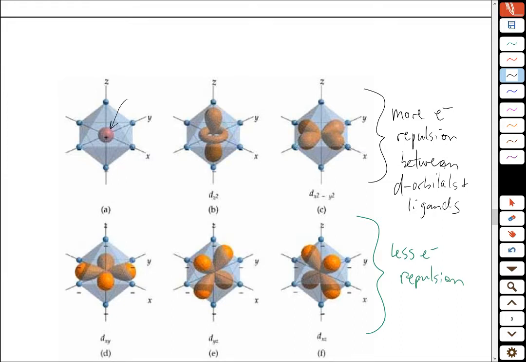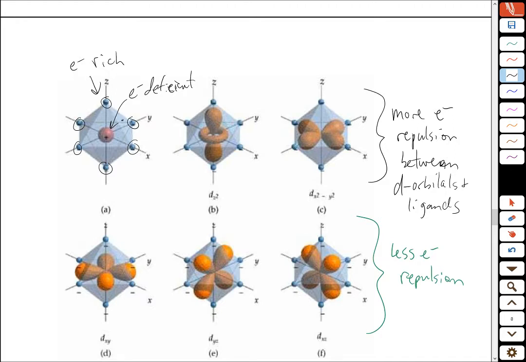So we have an electron deficient transition metal ion, and we have electron rich ligands that coordinate around that transition metal ion in an octahedral fashion. We're going to treat these ligands here as point charges in space, meaning that they're going to simply be a source of electron density.